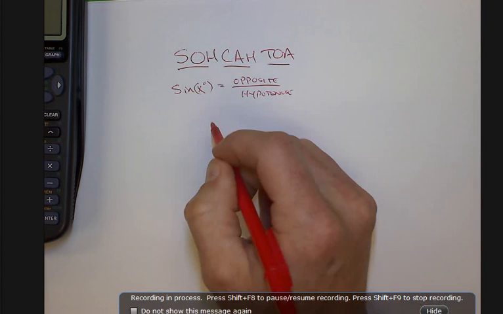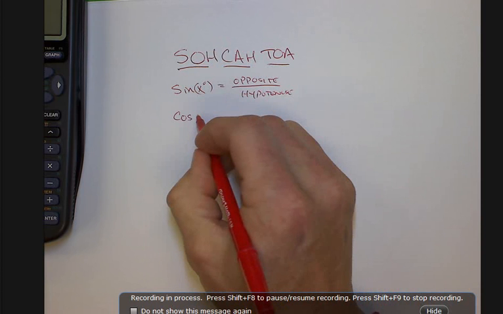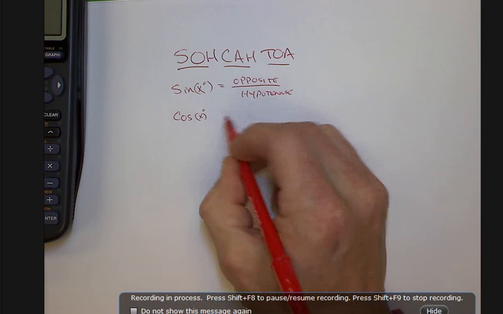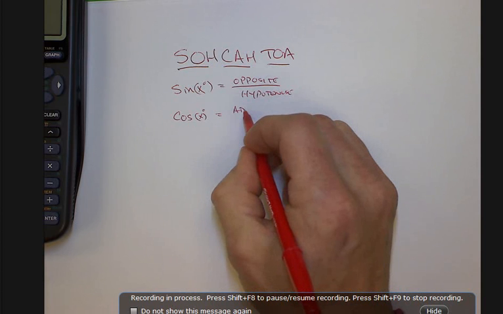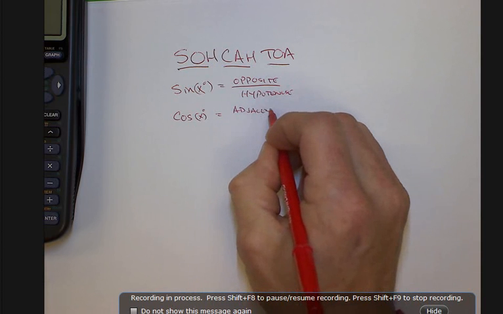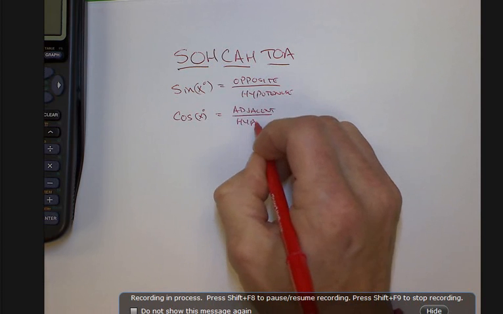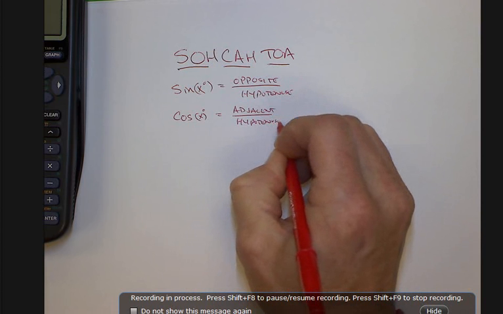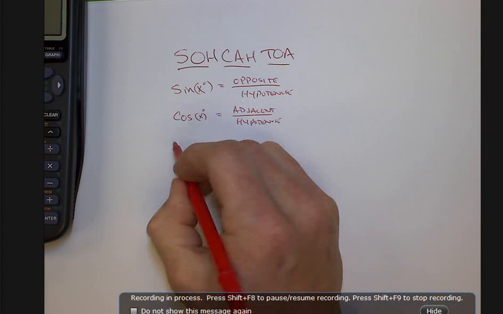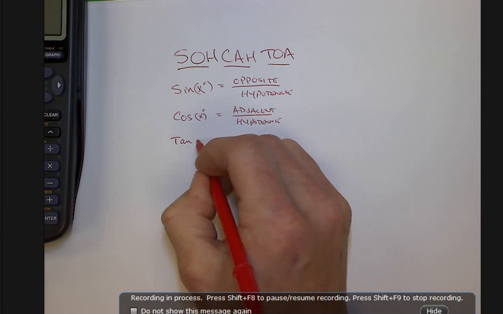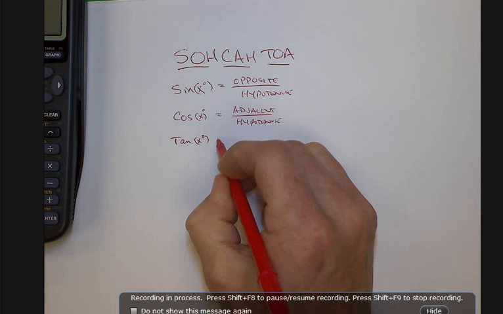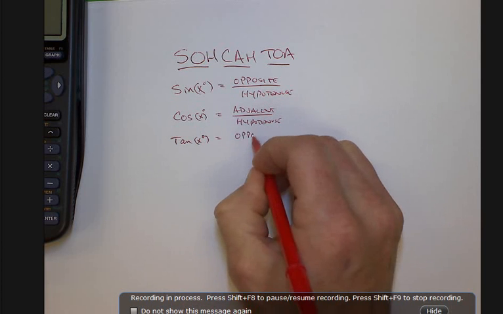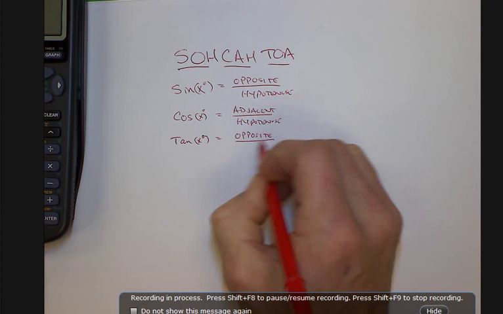The CAH stands for cosine of some angle is equal to the adjacent leg over the hypotenuse. And the TOA stands for the tangent of some angle is equal to the opposite leg over the adjacent leg.